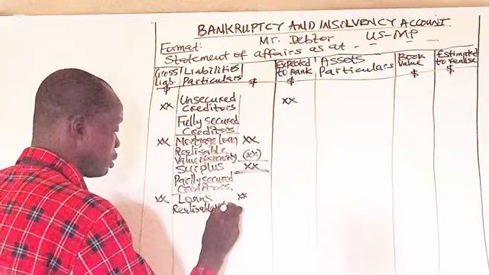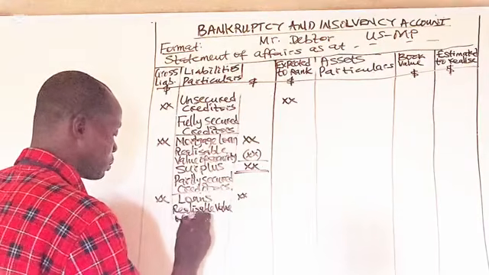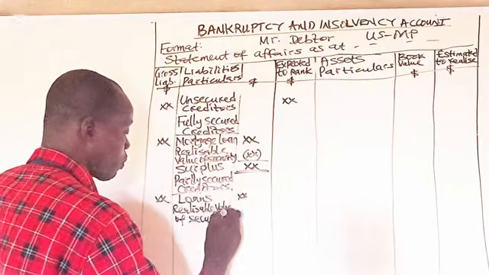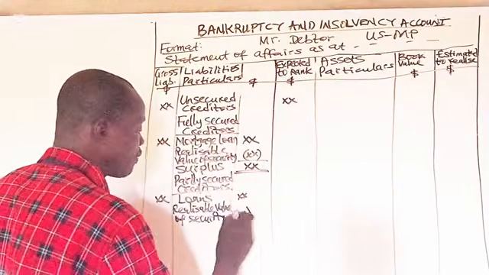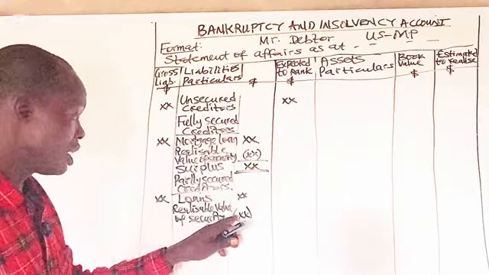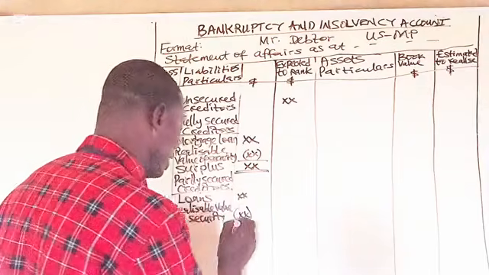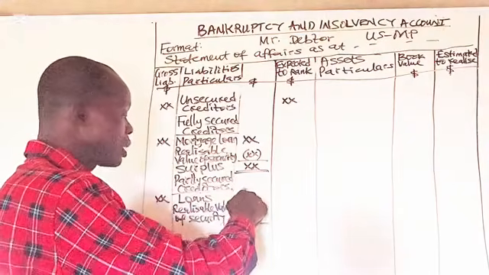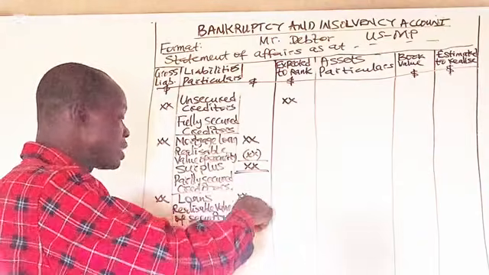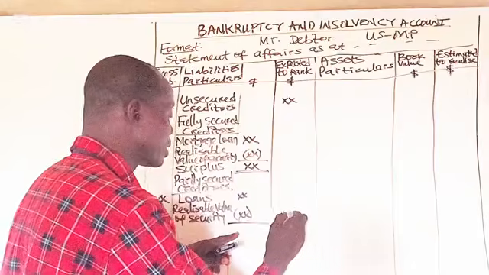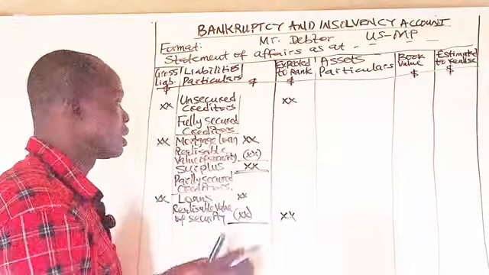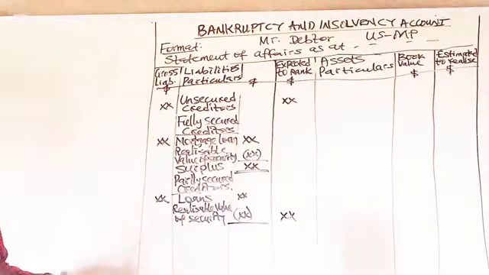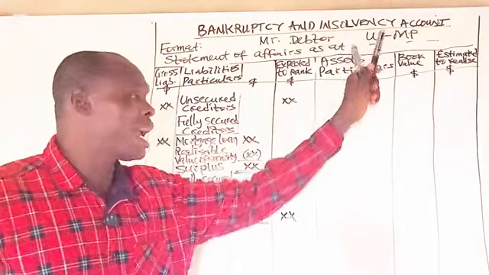For partly secured creditors, the realizable value will be lower than the value of the loans. As a result, the amount by which the loan exceeds the realizable value will be ranked pari passu with unsecured creditors. So we've done with U and S.